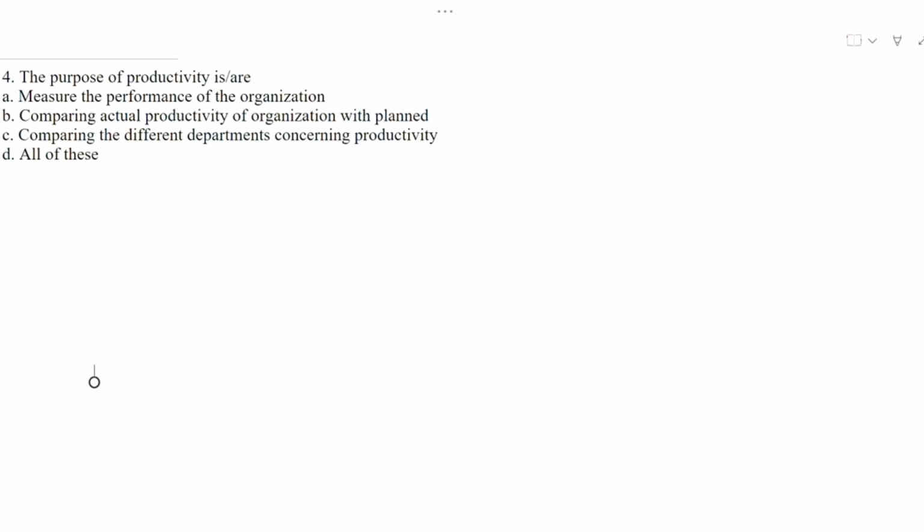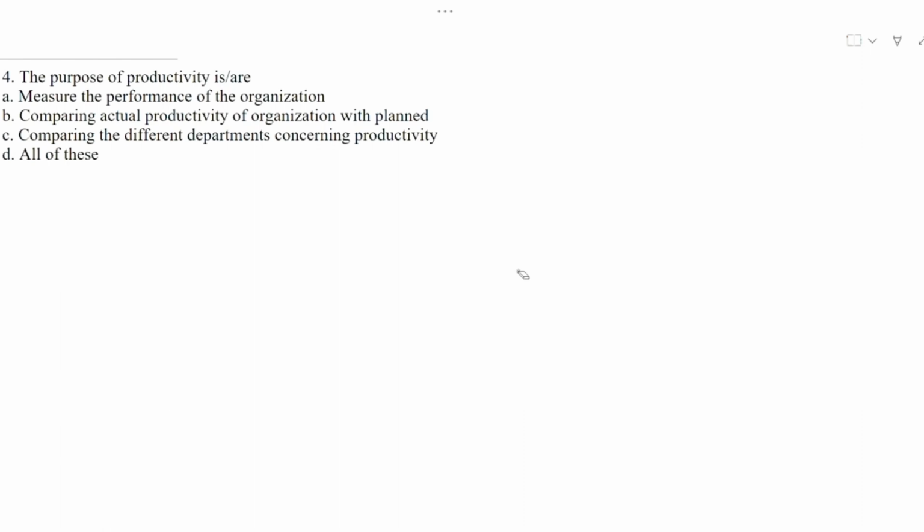And one more thing, if some corrective measures are being taken, if there has been an improvement in productivity or a target has been achieved, or up to what level the productivity has been achieved, that should also be measured. That is, we compare the actual productivity of an organization with the planned productivity. So, actual versus planned.